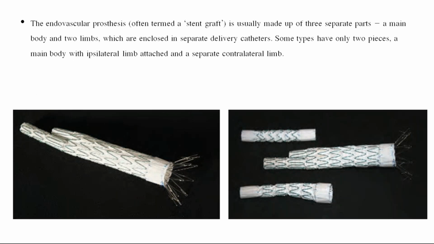So these are the endovascular prostheses, termed a stent graft, usually made of three separate parts, a main body and two limbs, which are enclosed in a separate delivery catheter. Sometimes they will have only two pieces: a main body with the same side limb attached and a separate contralateral limb. The first diagram is with two limbs along with the body, whereas the second diagram shows the separate contralateral limb.